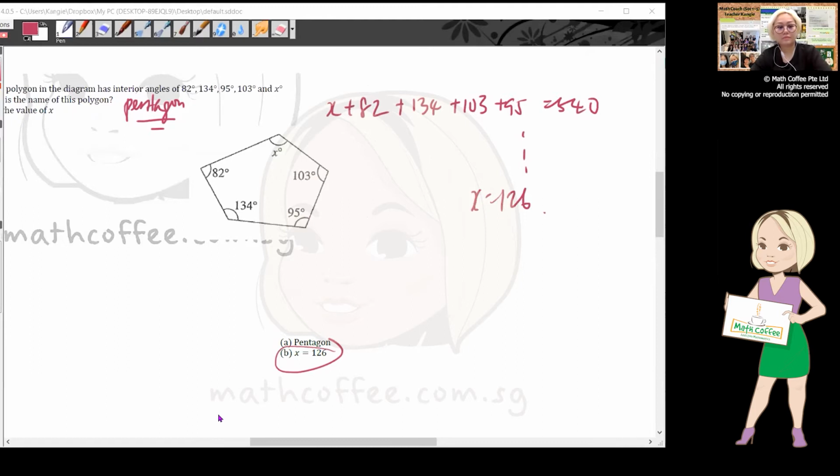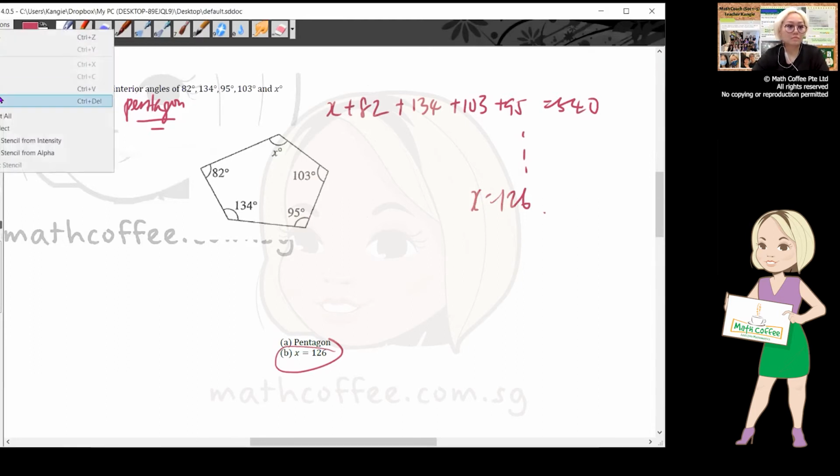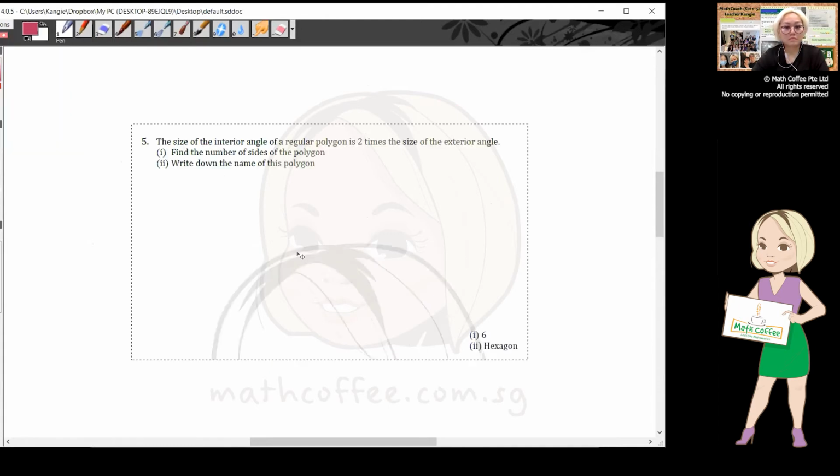Question 5. The size of the interior angle of a regular polygon is 2 times the size of the exterior angle. Find the number of sides of the polygon. One is talking about the interior angle, one about the exterior angle, and you say 2 times.